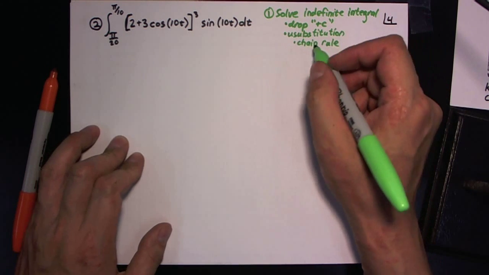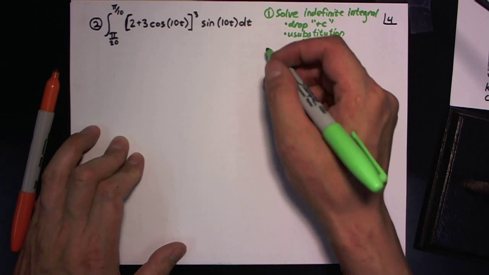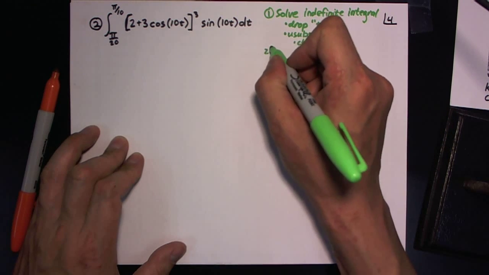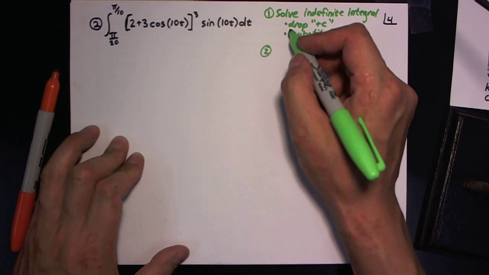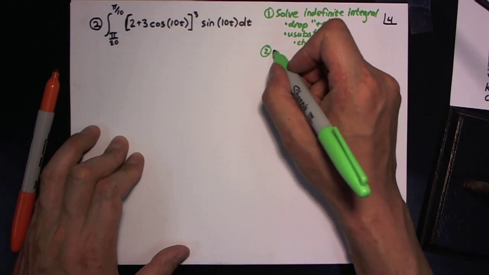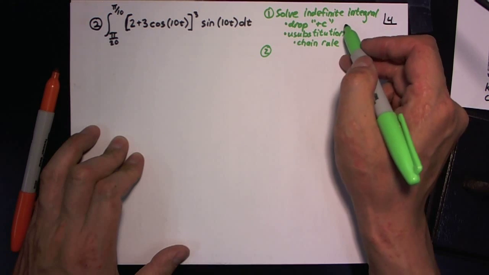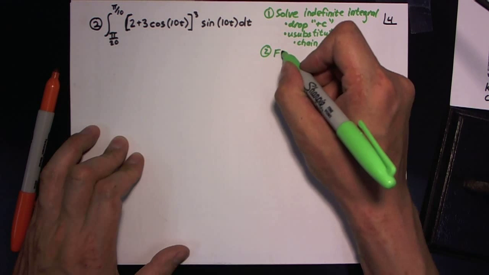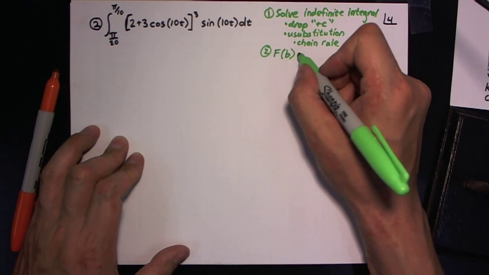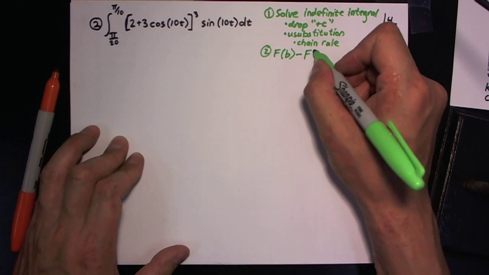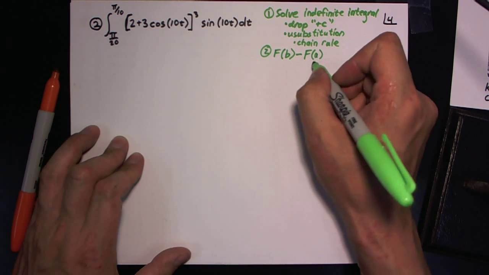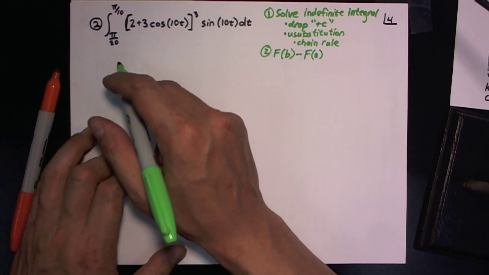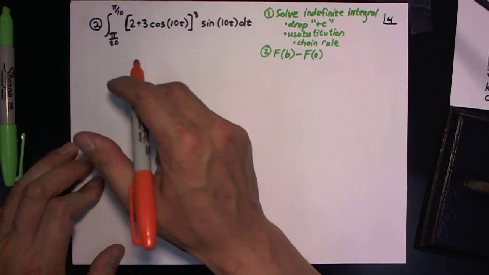But after we're done with all of that, we'll be able to take the indefinite integral. Step 2 of this process is going to be to evaluate that indefinite integral at the two boundary values, upper boundary, lower boundary, subtract the 2. Okay, let's start trying to tackle this.